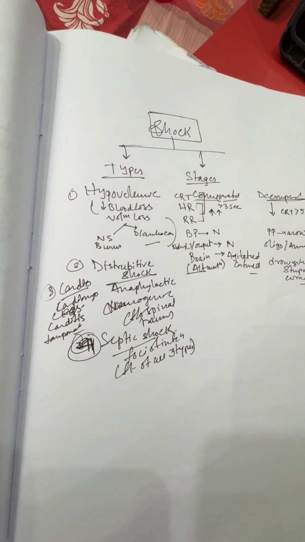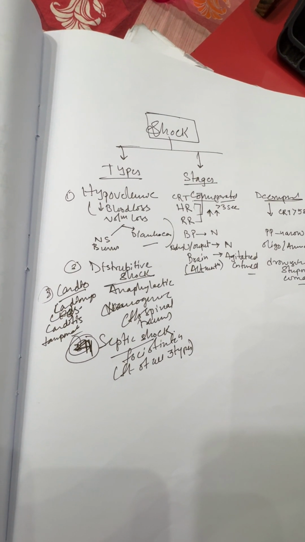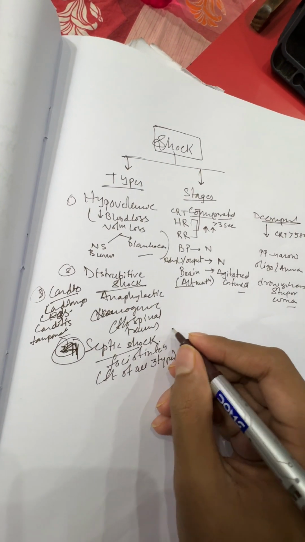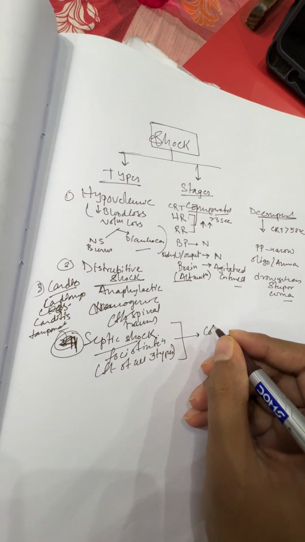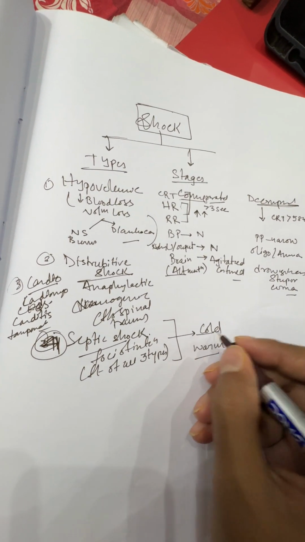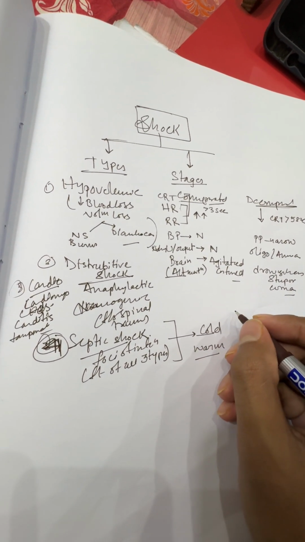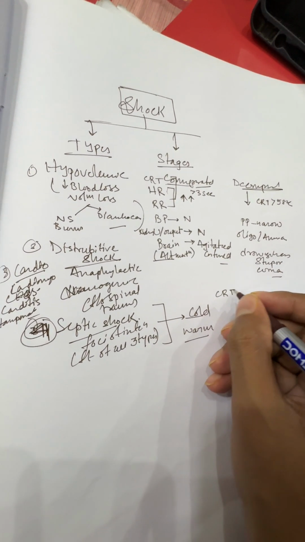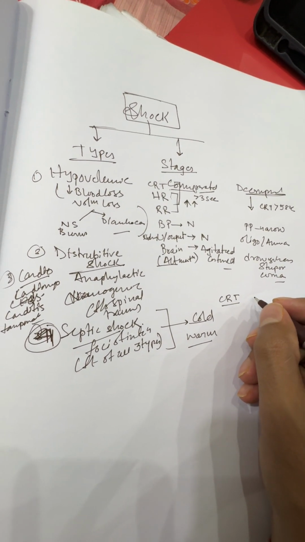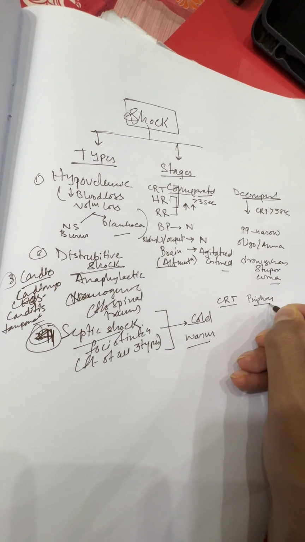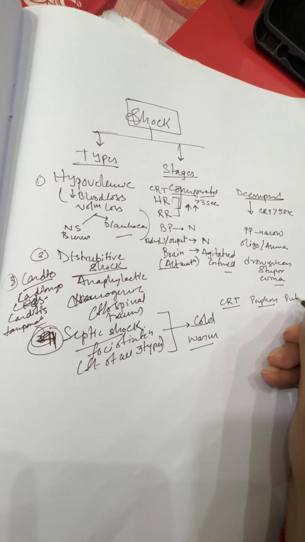So here we have seen the types of shock and the stages of shock, and then there is also a classification of septic shock that we need to know. Septic shock may be of the cold type or the warm type. We divide it into three basic headings: the capillary refill time, the periphery, and the pulse.